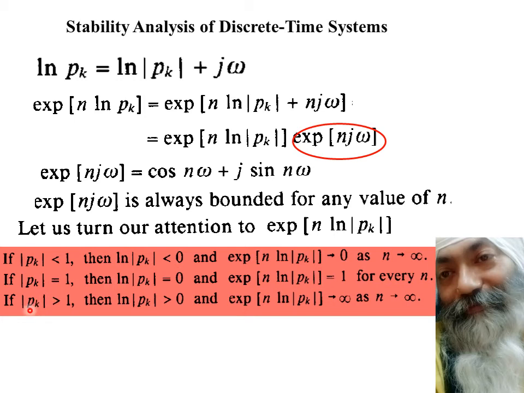And in case pk goes greater than 1, that is, the magnitude of the poles becomes more than 1, then as you see, log natural of this will become positive. E to the power of something positive means that it can go outside 1, it can go anything.